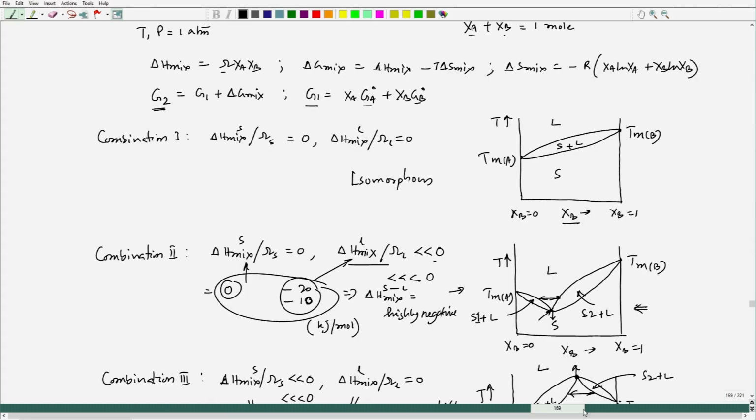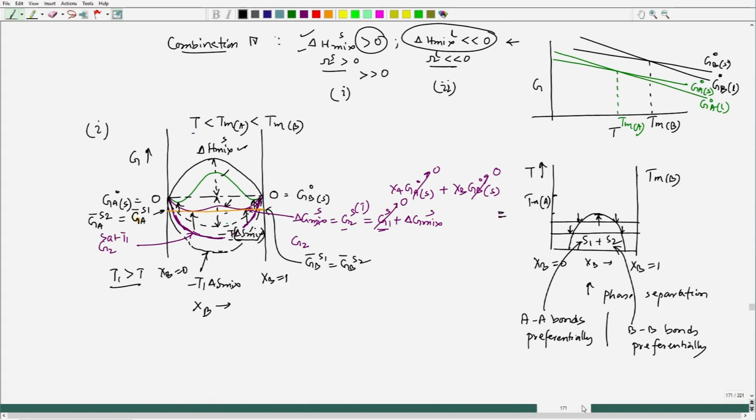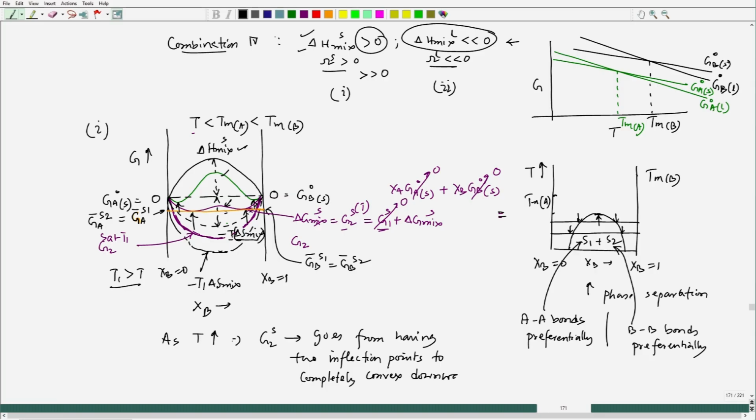Okay. Now, I am just reflecting that. Now, as temperature is increased, G 2 of solid goes from having 2 inflection points to completely convex downward.